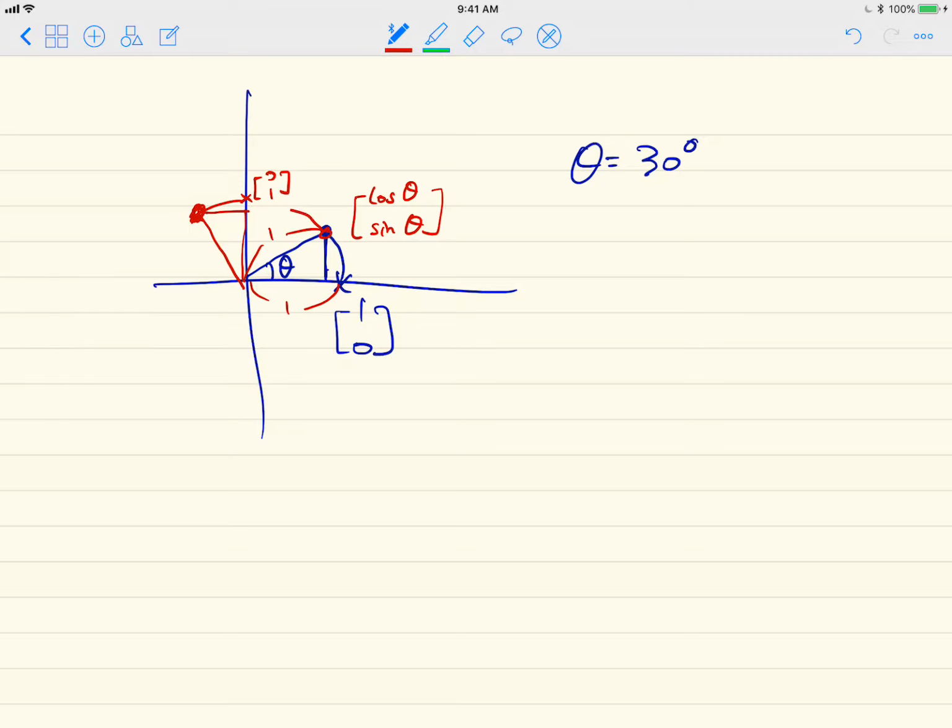If this point was rotated in this manner, it is equivalent to having the x-axis rotated in a negative direction like this, and the second axis rotated in this direction.